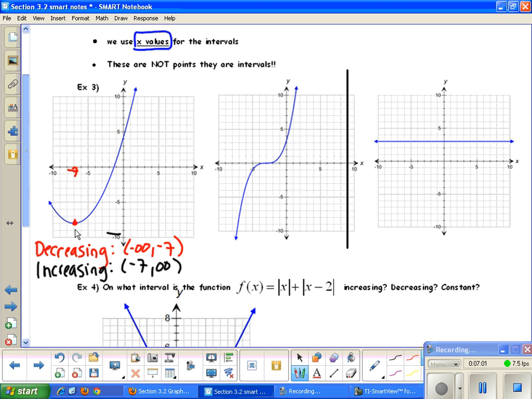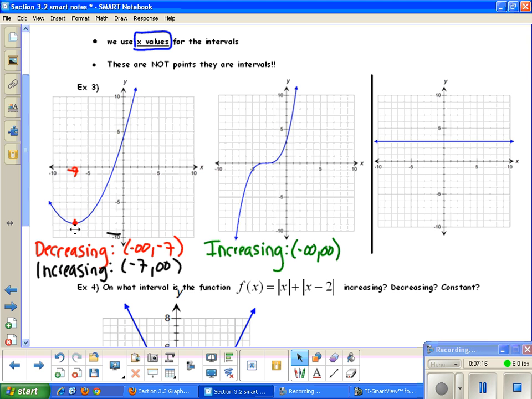So if that's the case, then you can just say that your graph is increasing for all real numbers, so it would be the interval from negative infinity to infinity. If we had a graph that went the other way, then that would be considered decreasing from negative infinity to infinity. And again, you have to write whether or not it's increasing or decreasing.